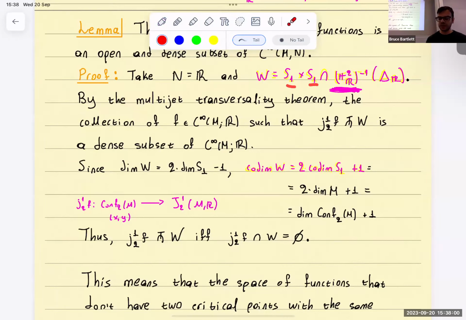That's the S1 condition. And being in the preimage of the diagonal of R means that f of x equals f of y. So J12F intersects W precisely if M has two distinct points that are both critical points with the same critical value. And we just proved that this cannot happen if we impose a transversality condition.